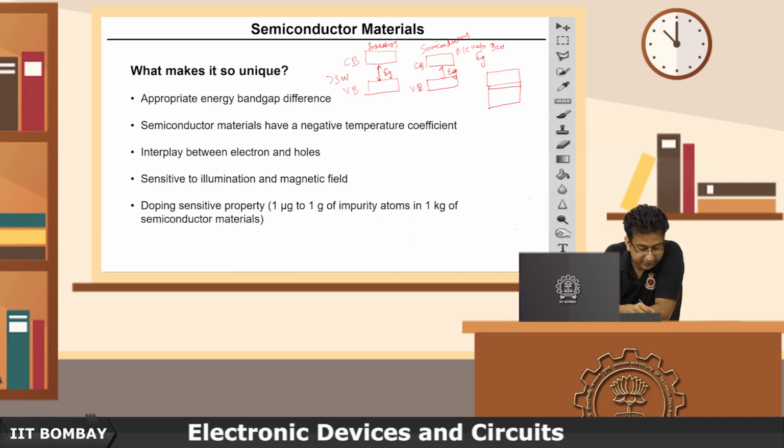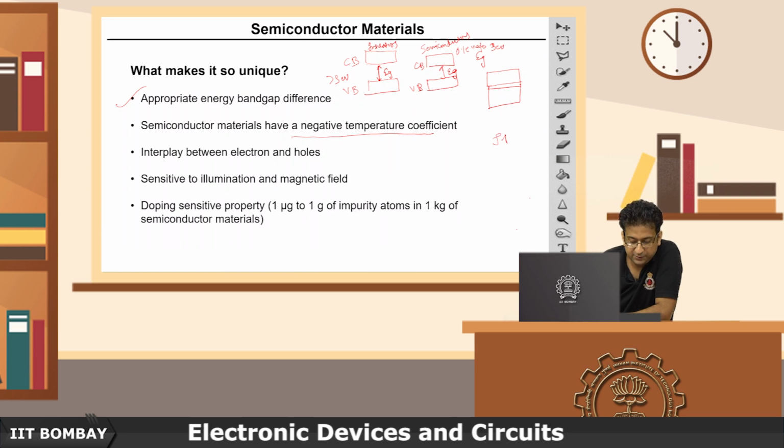Okay, so that's the one thing, that this difference between valence band and the conduction band is small enough that it can be overcome by thermal energy or some other processes, making them fairly unique. Other thing is that semiconductor materials have negative temperature coefficient. What it means, like we know that in conductors the resistivity increases with increase in the temperature.